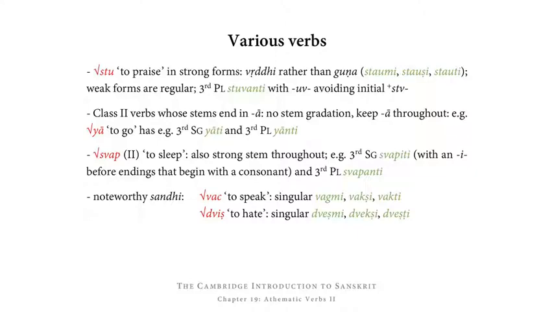And finally, dvish, to hate, has a singular dvesh-mi, dvek-shi, dvesh-ti. So in front of the si, that is the ending for the second singular, the sh actually changes into a k, and that k then causes ruki, so we have dvek-shi, not dvek-si. And in the third singular, the sh, which is a retroflex sound, makes the t, the dental of the third person singular ending t, also retroflex, and therefore we get dvesh-ti.